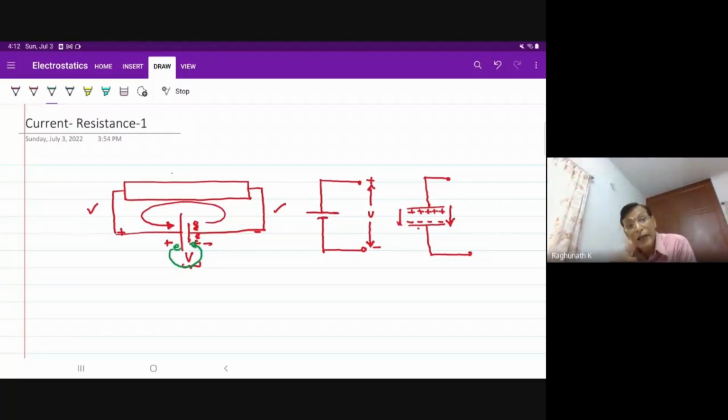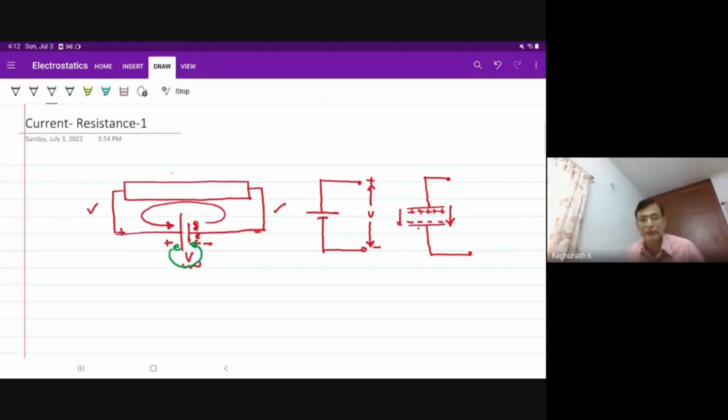I know that this requires energy. Through the circuit, through the resistance, electrons will reach the positive terminal and try to reduce the voltage between the conductors. To maintain the voltage, whichever electron comes and reaches this should be pushed onto the other conductor, so that the voltage remains constant.